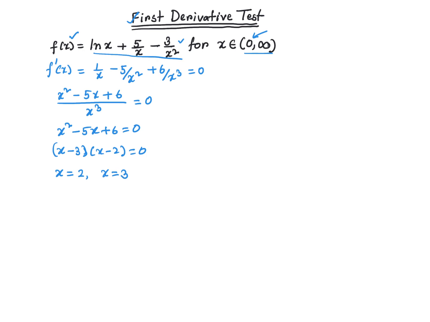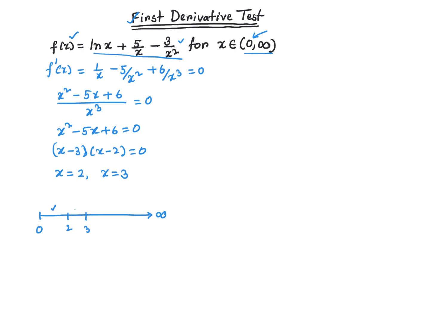So we look at the interval. This is my 0, this is my, let's say, 2, and this is my 3, and it goes to infinity.